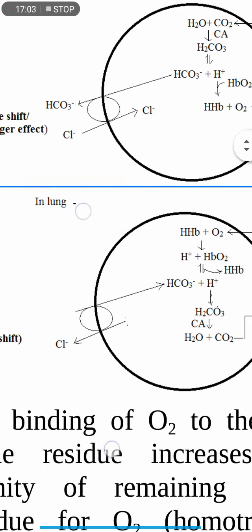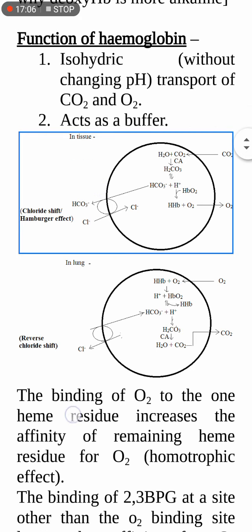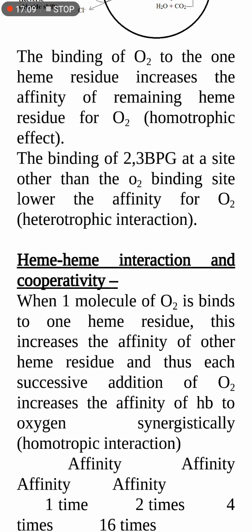So that's all, that is the function of hemoglobin. Then when oxygen binds with the hemoglobin for transportation, what happens? When one molecule of oxygen binds with one molecule of heme, there is increased affinity of the other heme residues towards oxygen, and thus each successive addition of oxygen increases the affinity of hemoglobin for oxygen synergistically.